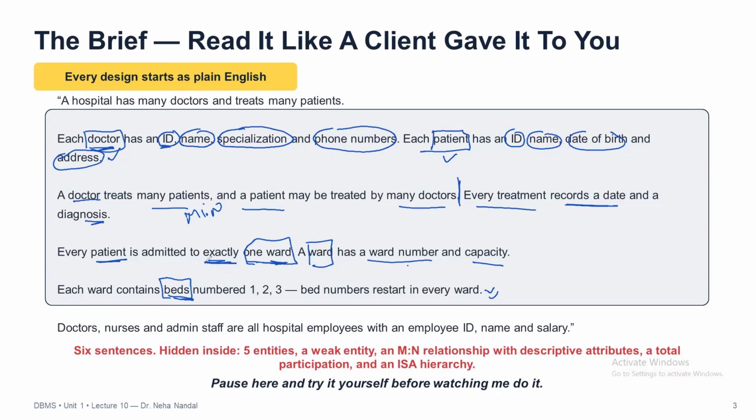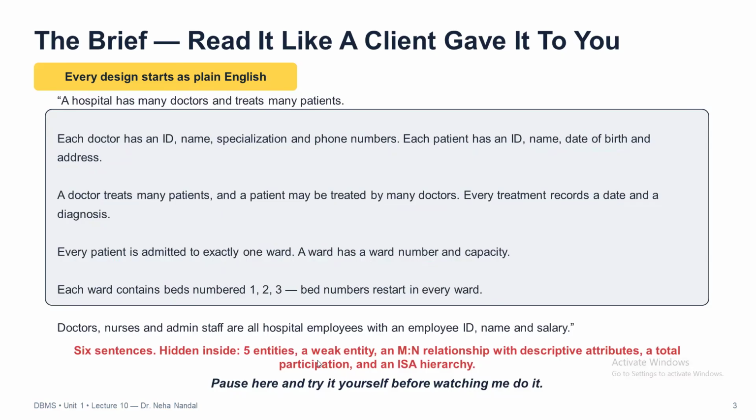There is a total participation from this part, and there is a hierarchy also existing in this. So think about it. Anyhow, we are going to evolve to it very soon. One by one, give it a pause, write it down by yourself, and then you can check whether you found it correctly or not. Good. So let's see it one by one.